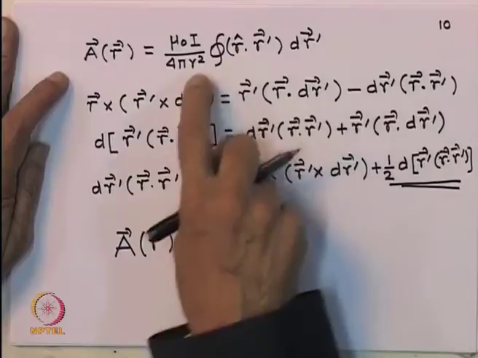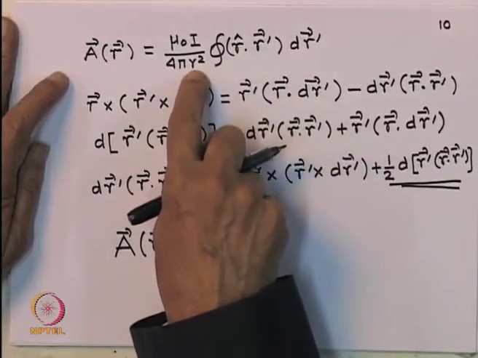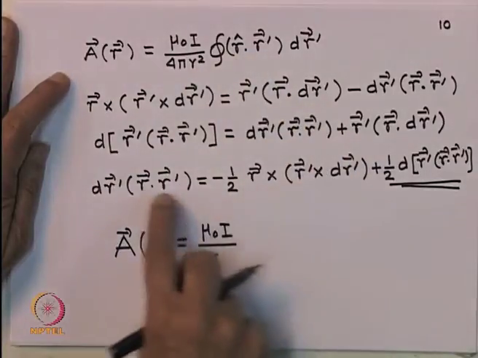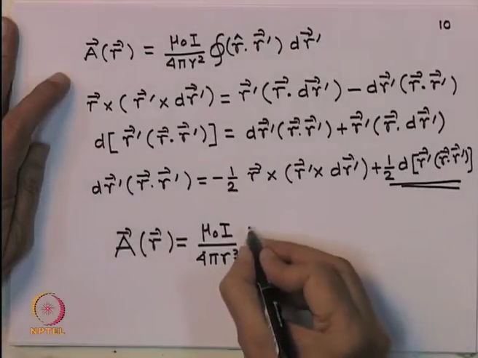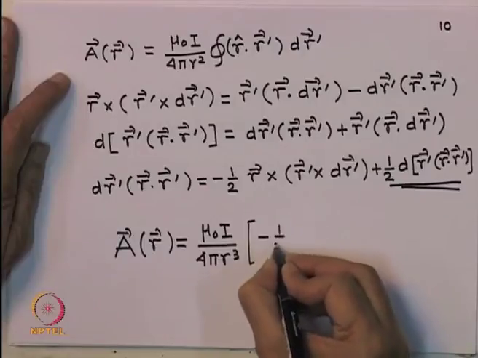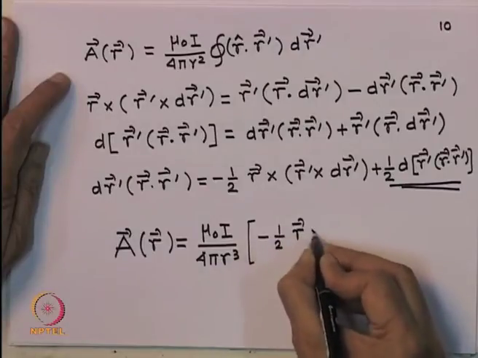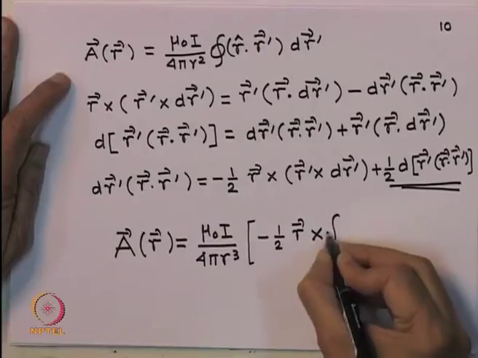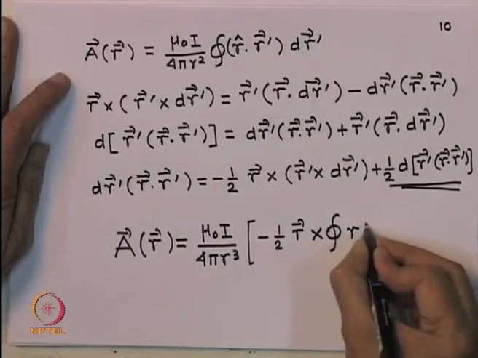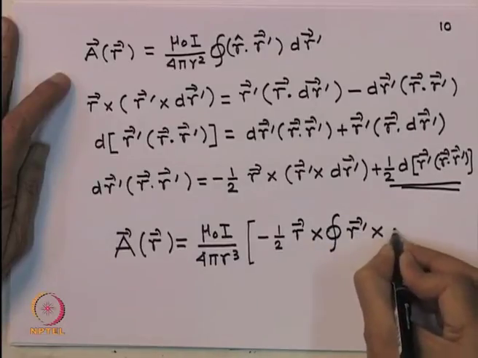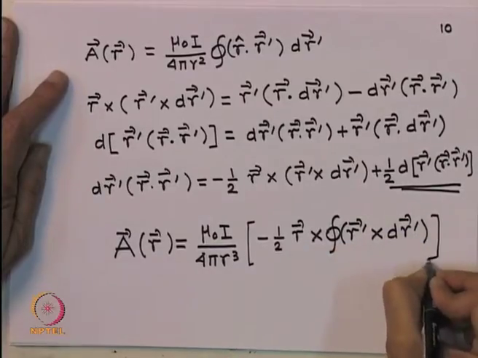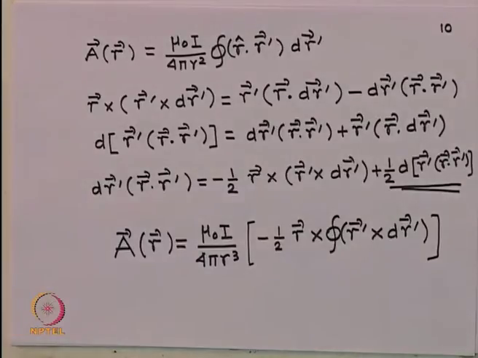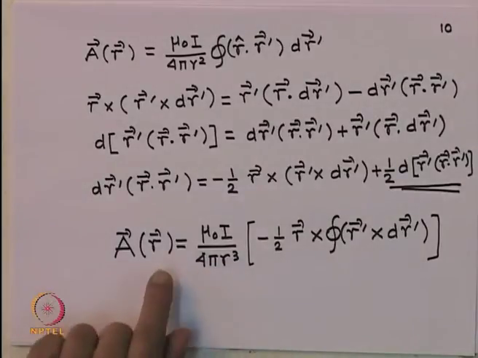I could write it by bringing in another r in the denominator as vector r, and then I can use this expression. So, I get 4 pi r cube times minus a half r cross, r is a constant vector so it comes out, and the loop integral is simply r prime cross dr prime.